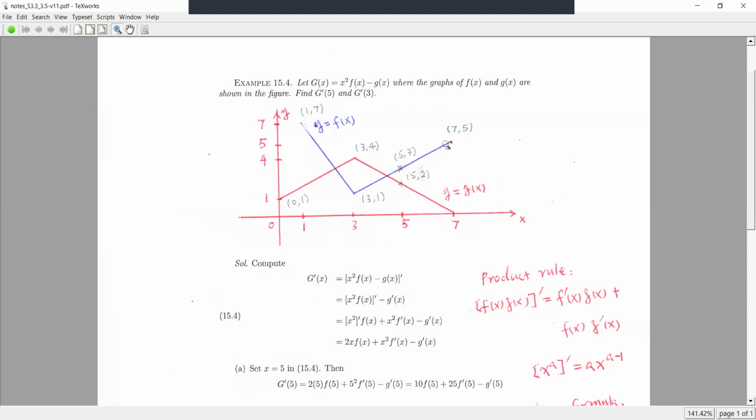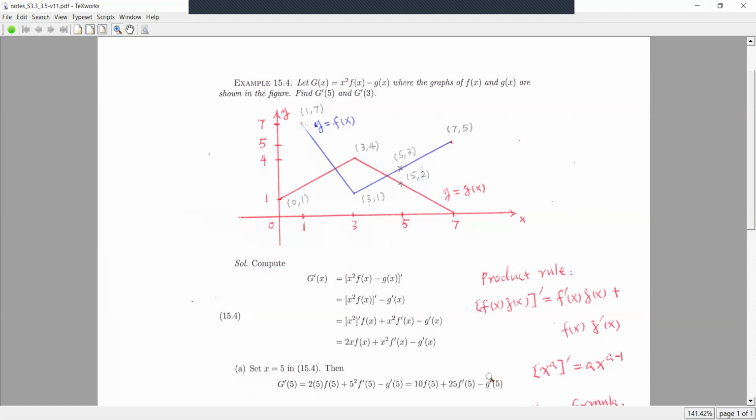By the slope formula, y2 minus y1 over x2 minus x1, the slope of this line is 5 minus 1 over 7 minus 3. It is negative 1. Therefore, the derivative of f at the point 5 is negative 1.